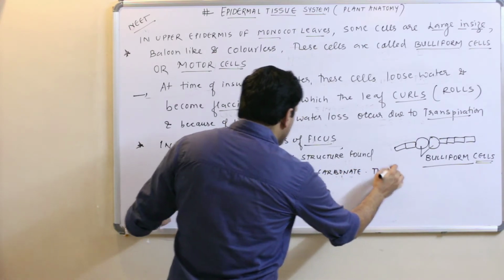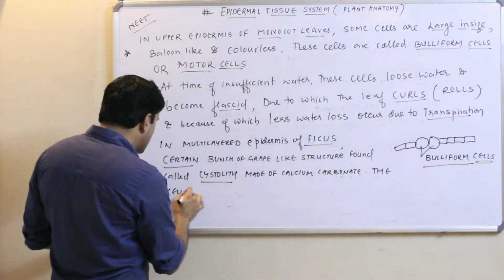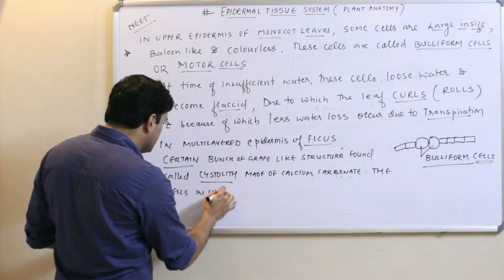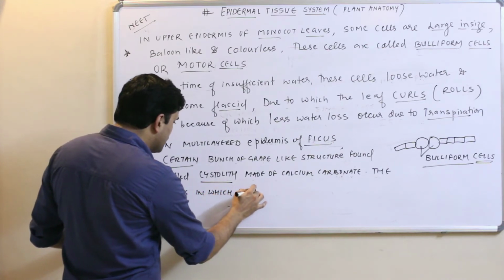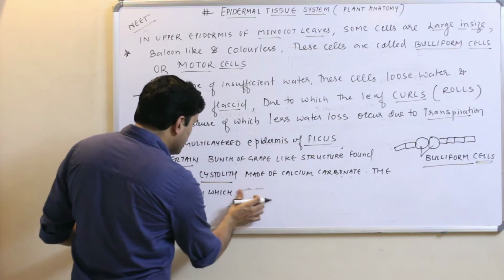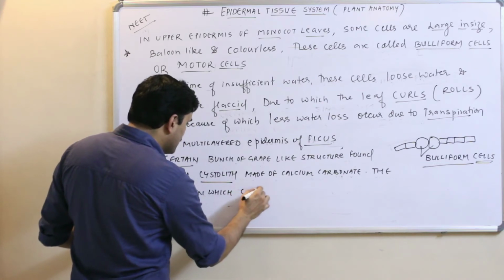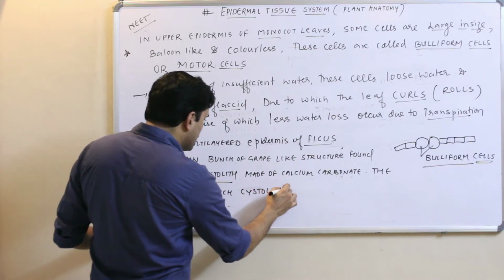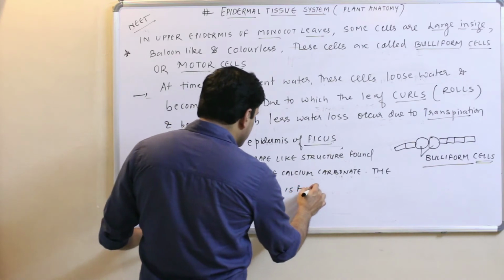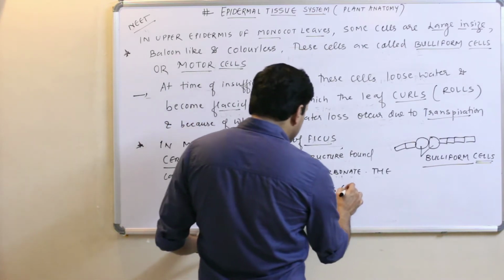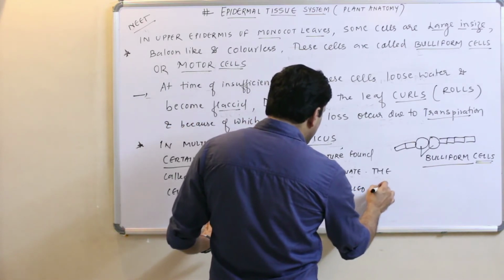The cells in which cystolith is found are called lithocyte.